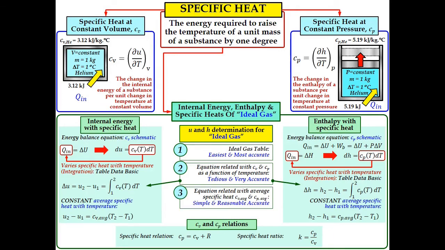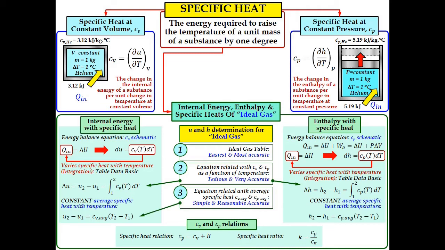Okay, the third approach, we can use equations related to average specific heat, Cv average and Cp average. This approach is simple, and in terms of value, we can say the value is reasonably accurate. But in terms of error, this method will for sure have a greater error percentage compared to approach number 1 and approach number 2.